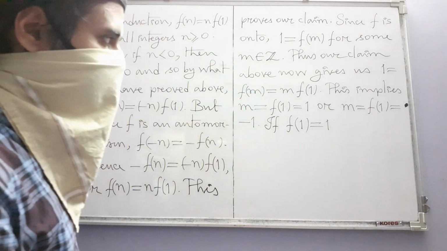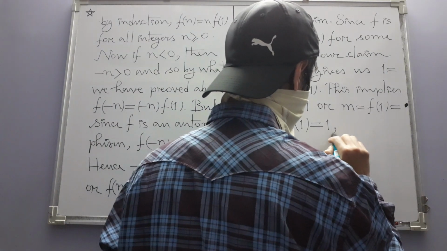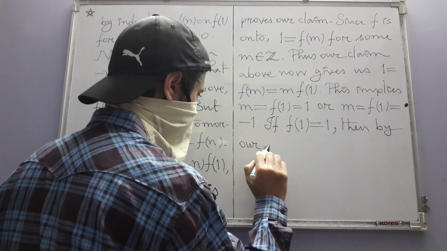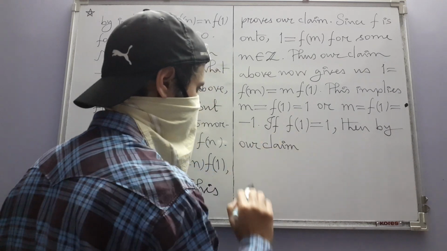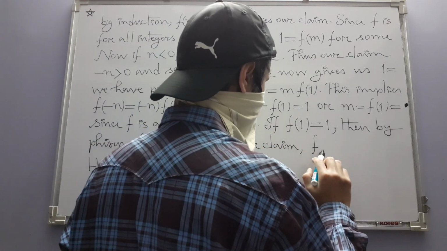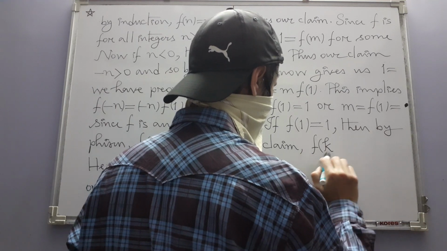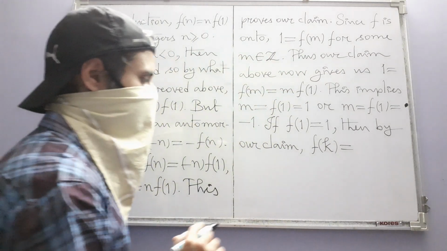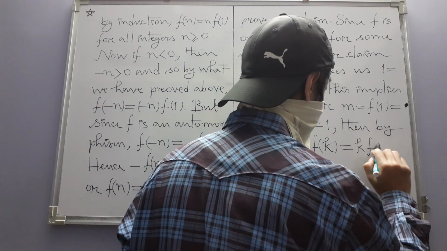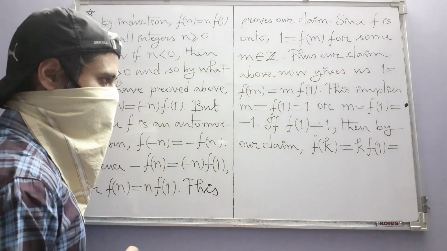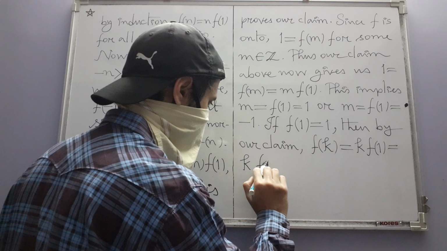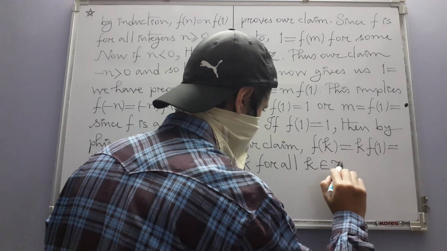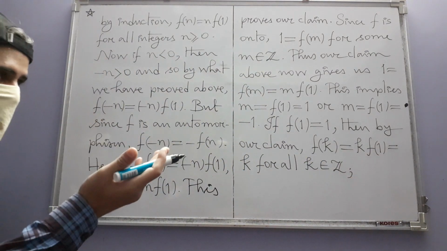If f of 1 is equal to 1, then by our claim f of k is equal to k times f of 1, but now since f of 1 is 1, this just becomes k, for all integers k.